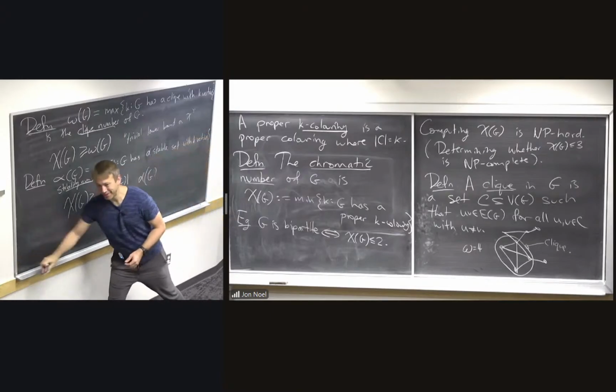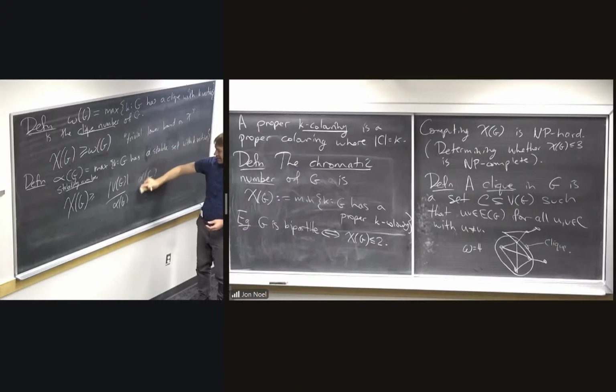I think you've got the idea that it could be partitioned into pieces of size alpha of G. And if any of those stable sets have size less than alpha of G, it'll be even better. Yeah, exactly.